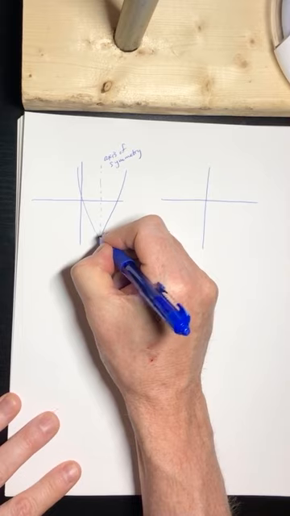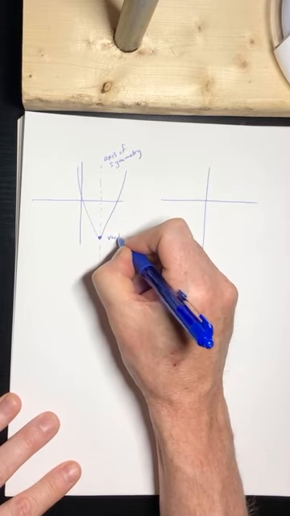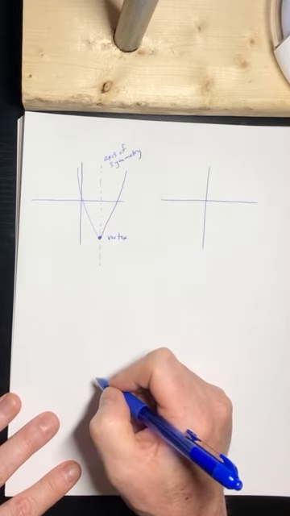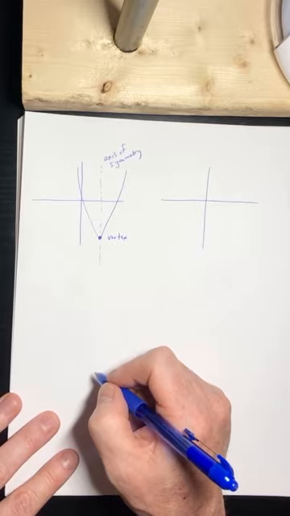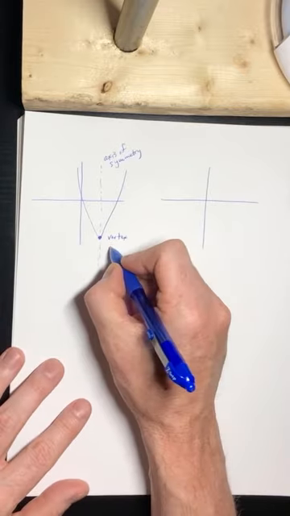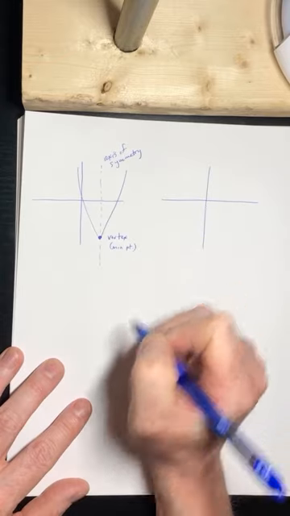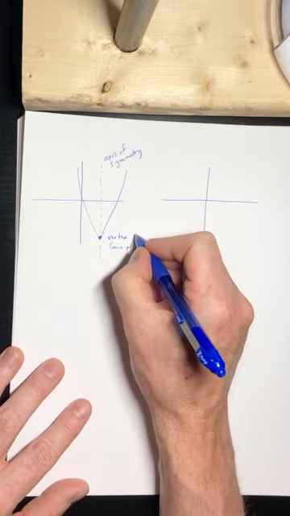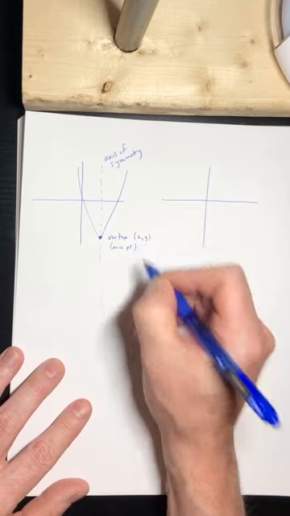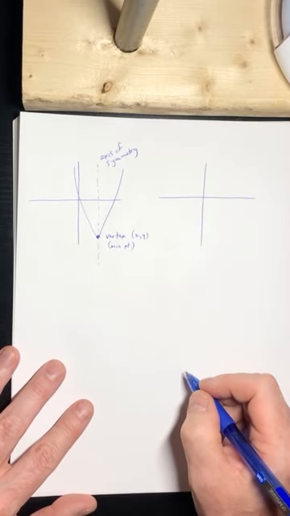This point here is our vertex. And in this case, because our parabola is opening upwards, it's also our minimum point. And our vertex is always written in x comma y as an ordered pair.